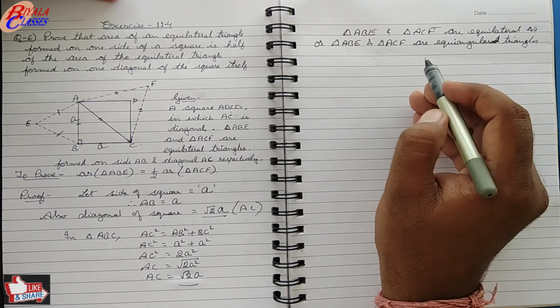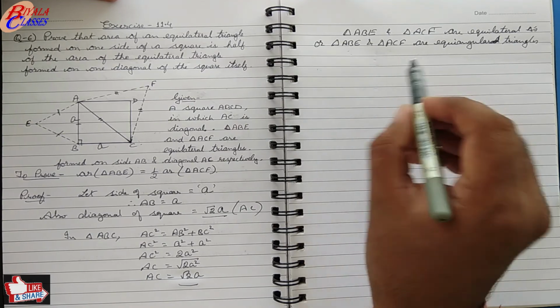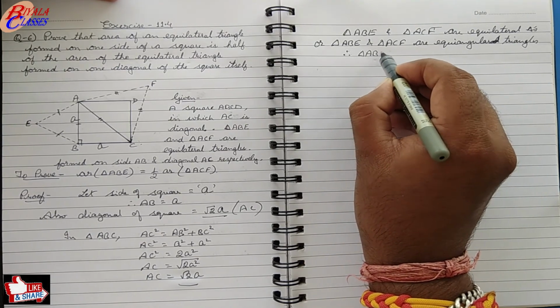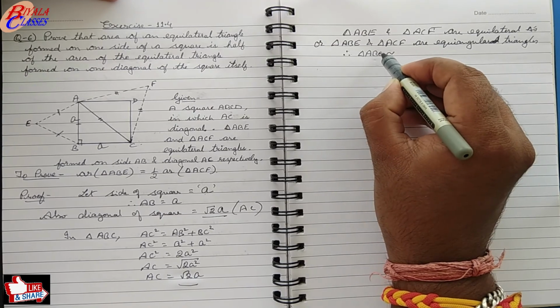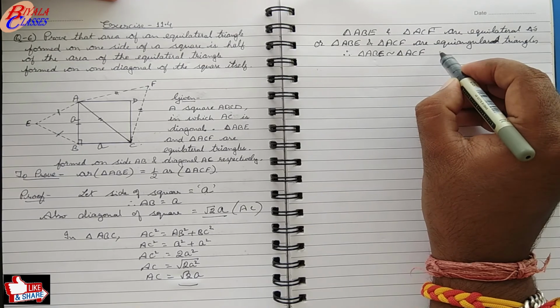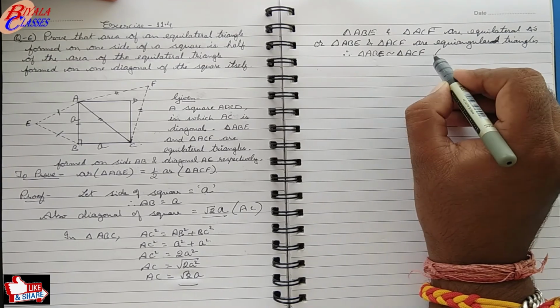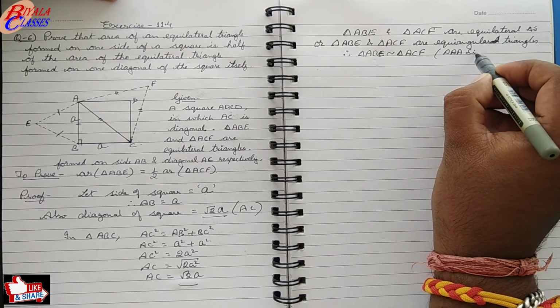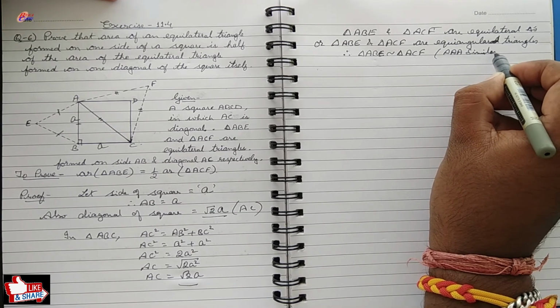So they are equiangular, and the triangles being equiangular, we can say that triangle ABE is similar to triangle ACF. Equiangular triangles are similar to each other by AAA similarity.